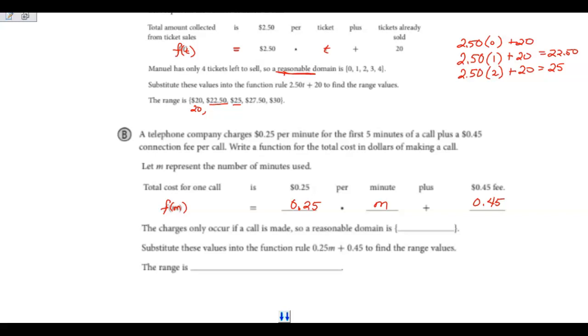So a reasonable domain is, it's possible that he doesn't call anyone, and so it's 0, or he talks for 1 minute, or 2, or 3. In most cases, you can't go to infinity.